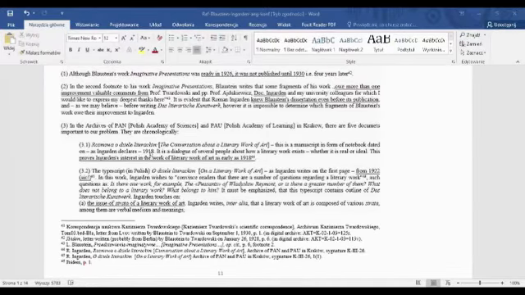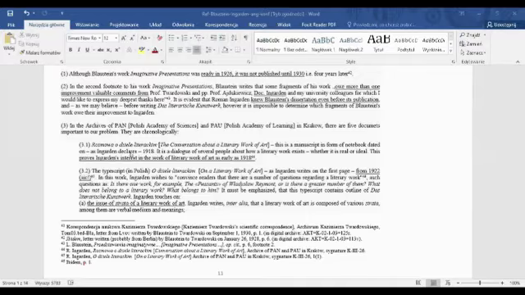It is a dialogue of several people about how a literary work exists, whether it is real or ideal. This proves Ingarden's interest in the literary work of art as early as 1918.